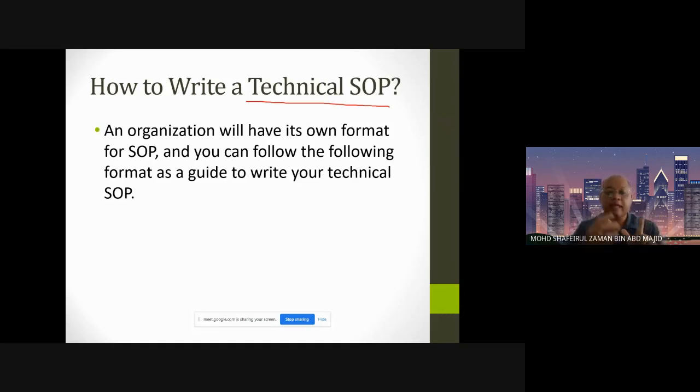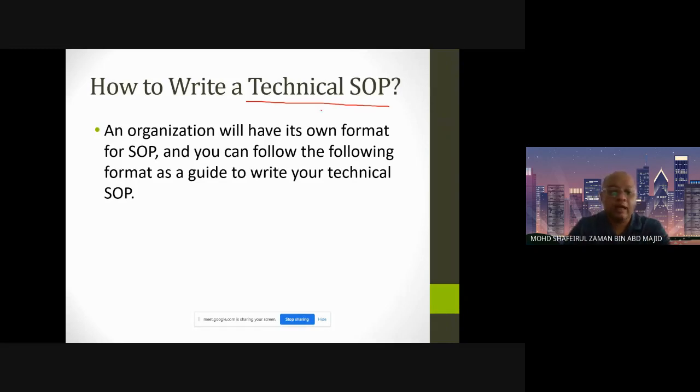For technical SOP, there are three types: graphic operating procedure, flowchart operating procedure, and hierarchical operating procedure. Since all of you are doing engineering courses, our focus will be only on technical SOP.